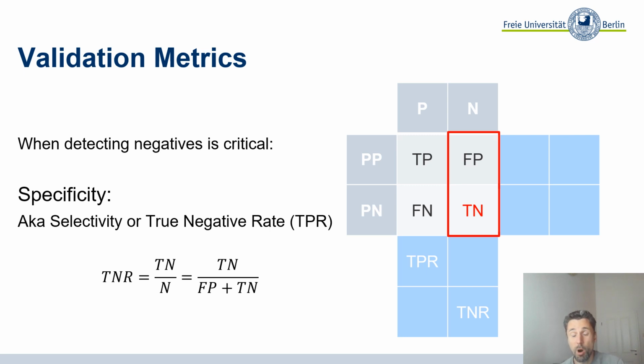So your model should be very specific, and you don't want, you know, false positives to trigger Armageddon. Yeah? And so similarly to what we did earlier with sensitivity, we can introduce specificity, which is just the rate we have classified true negatives relative to all the negatives here. Yeah.